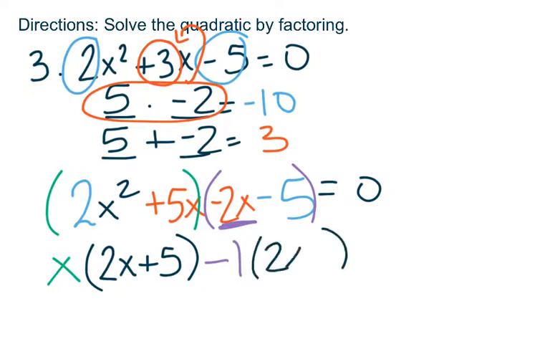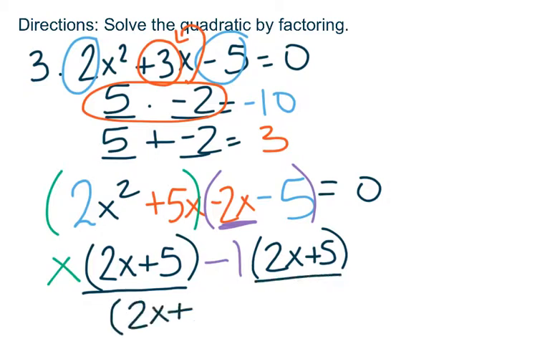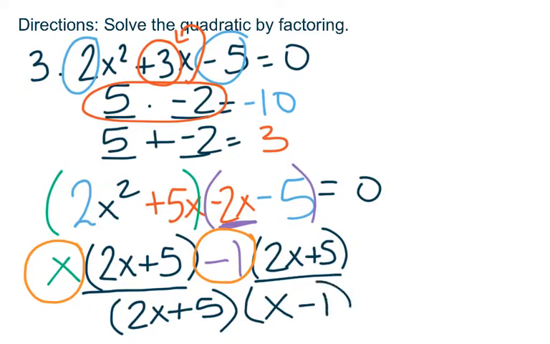And I'm going to be left with 2x plus 5. Okay, so notice how both of these have the 2x plus 5. So that's going to be my binomial GCF I take out. And then these were the two things that I took out from my GCF, so that's going to be what's left over.